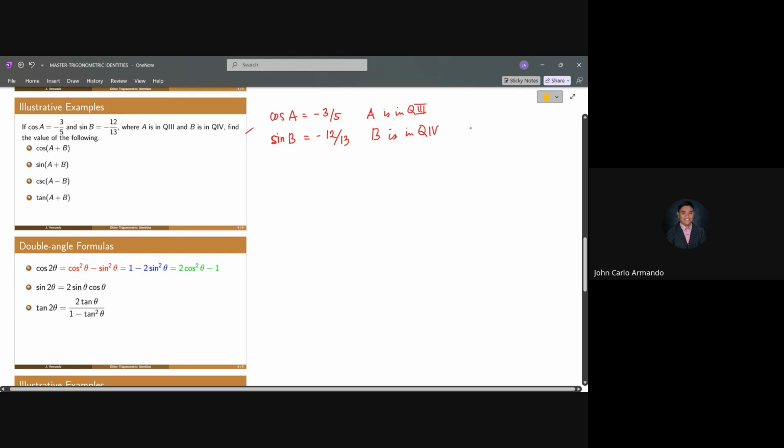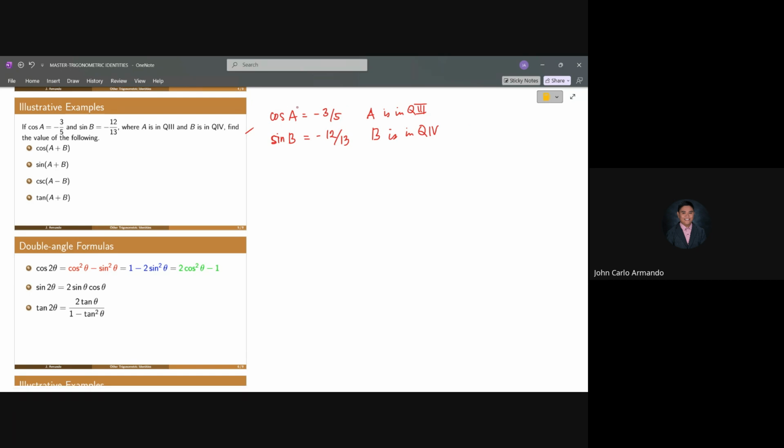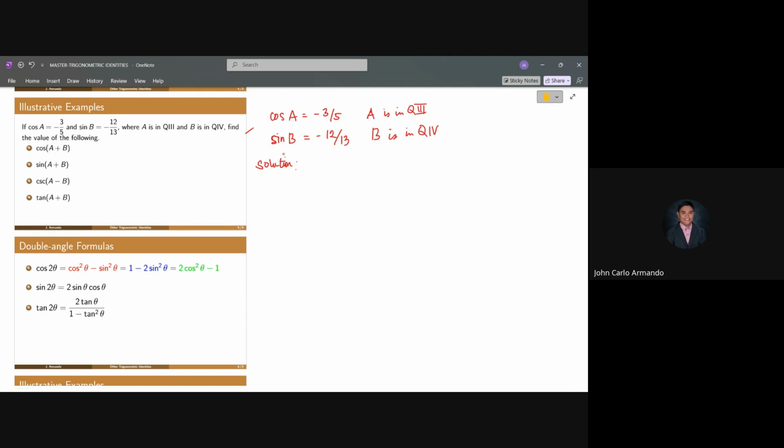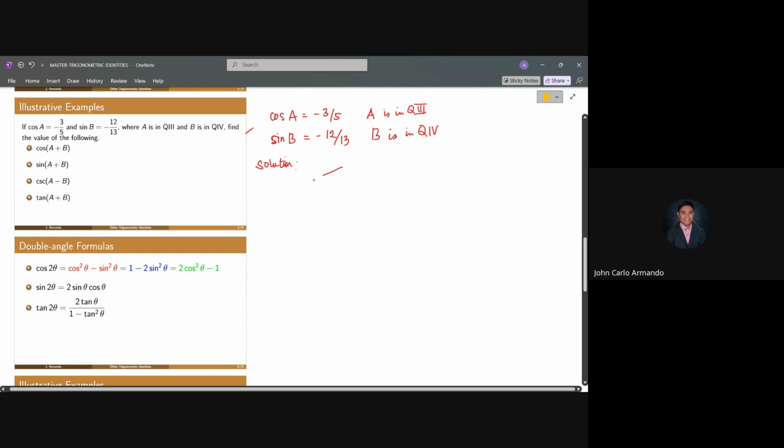In this problem, you just simply get the partner of cosine A, that is sine A, and the partner of sine B, that is cosine B. So we get first sine A. How are we going to get sine A? We can use the identities, but we can also use SOHCAHTOA. For the sake of easy discussion, we just use SOHCAHTOA.